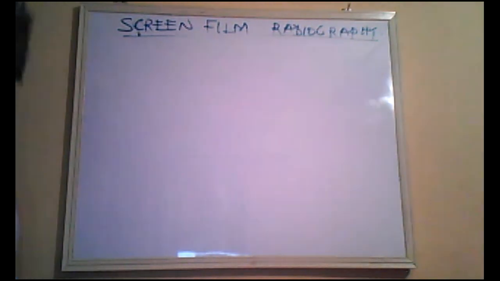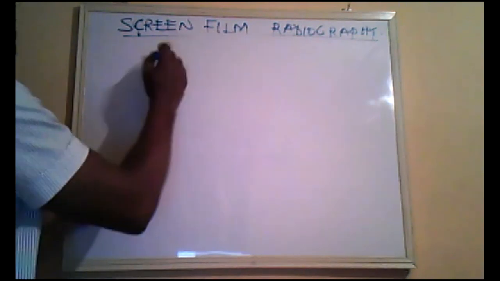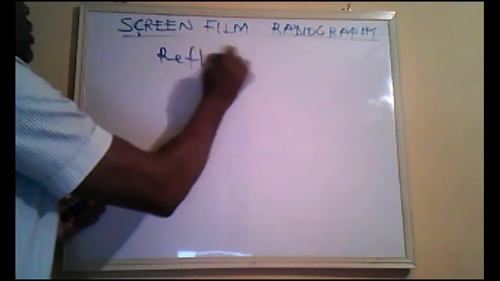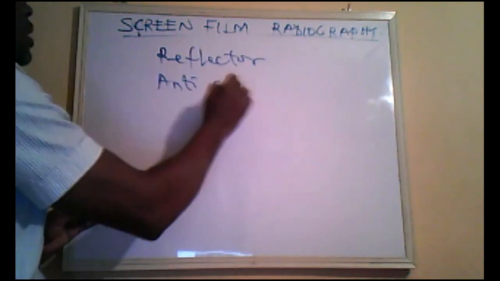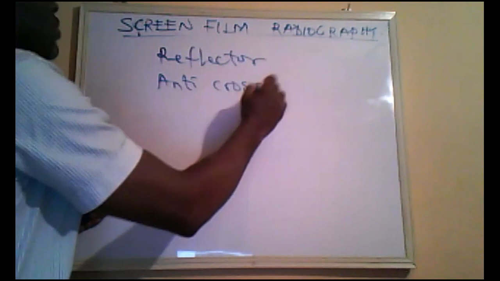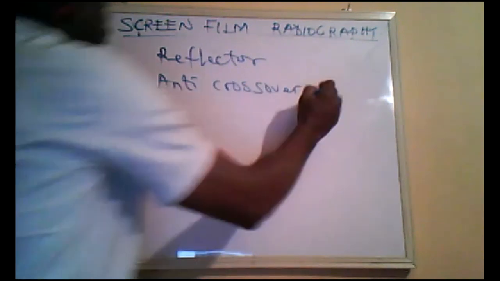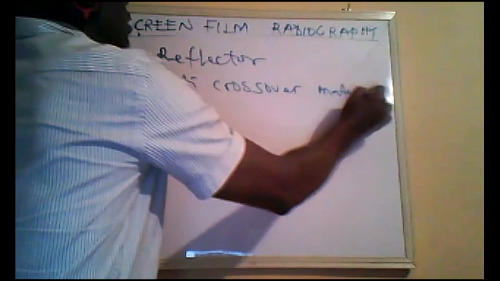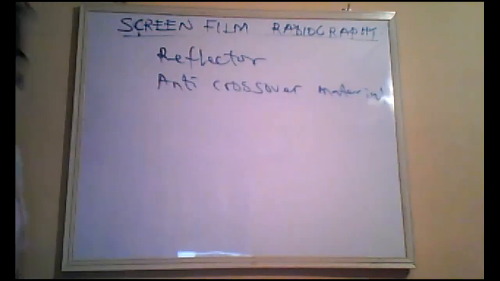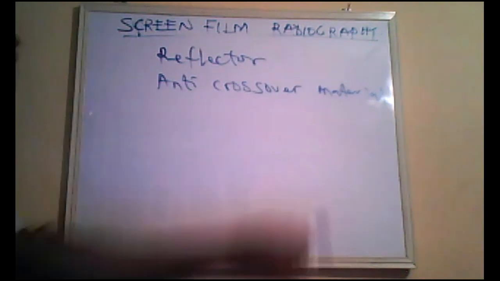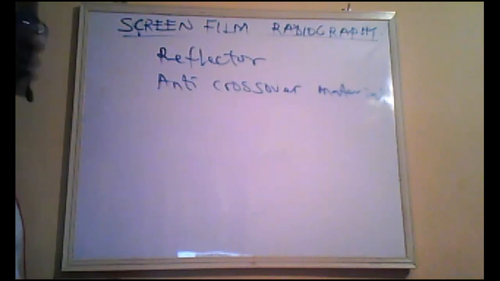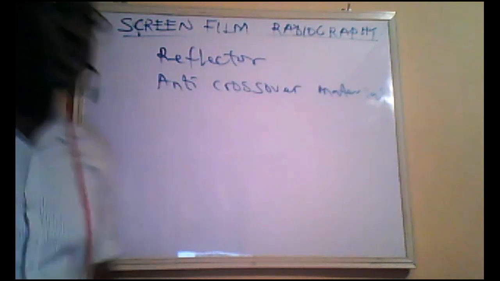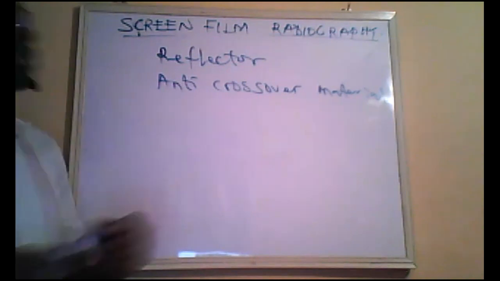Some of these things could be in form of a reflector and an anti-crossover material, especially for the screens that are double. We want to avoid crossover from one particular section of the screen film system to another.